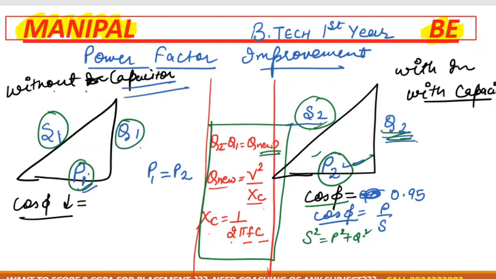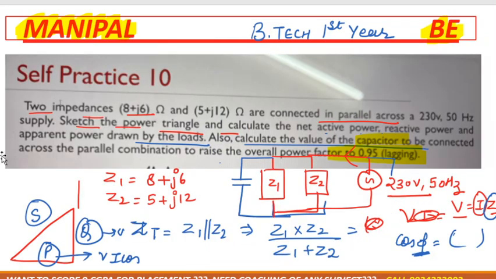Get Q new. And if you know Q new and the voltage they have given, can you get XC? If you know the value of XC, can you get C? That is what they have asked. Value of capacitor.